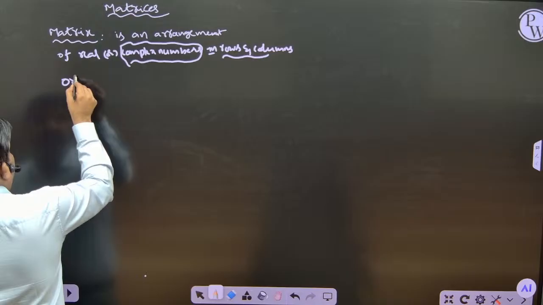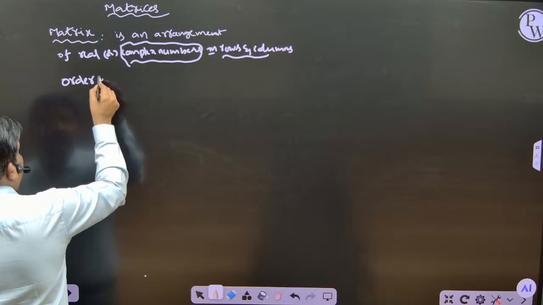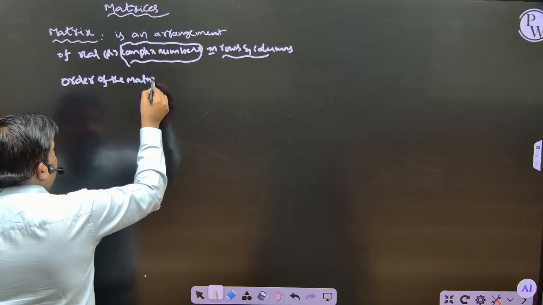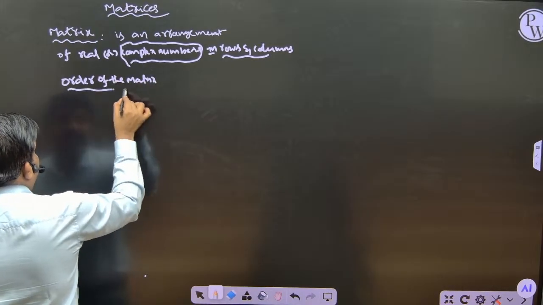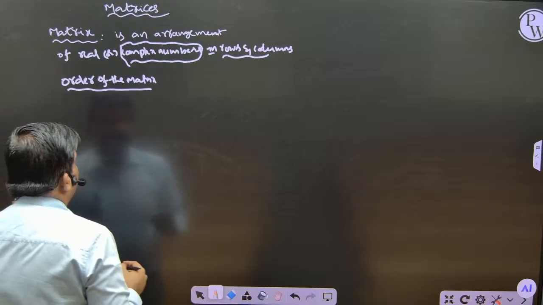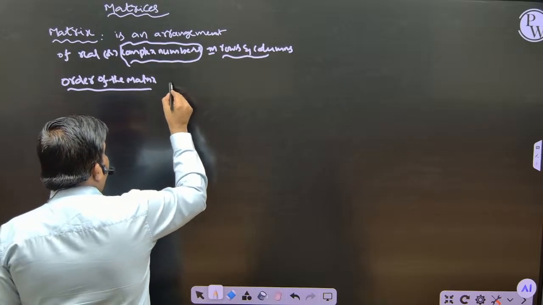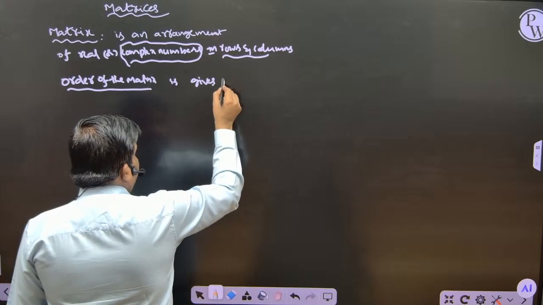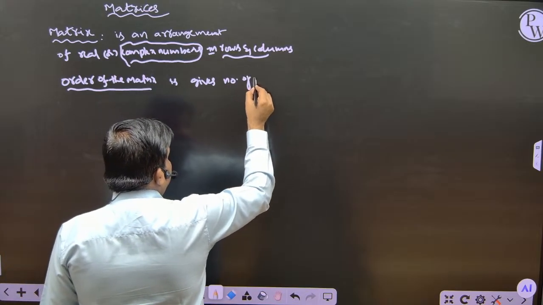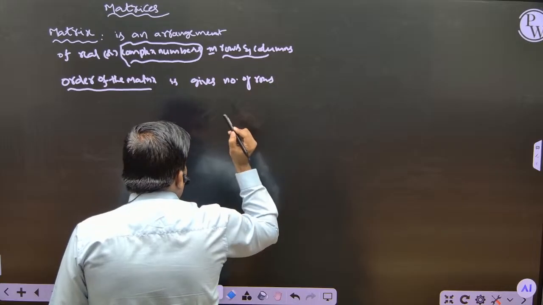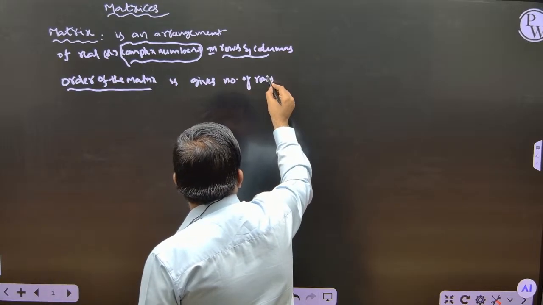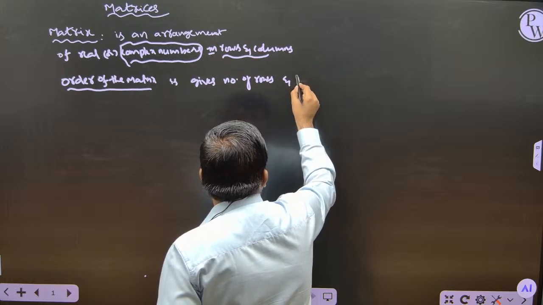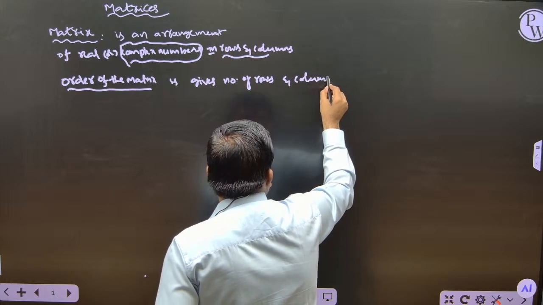What is the order of the matrix? Order of the matrix gives the number of rows and columns.